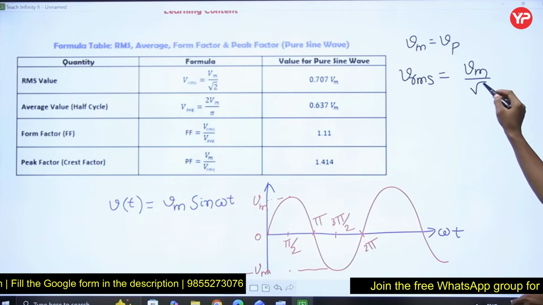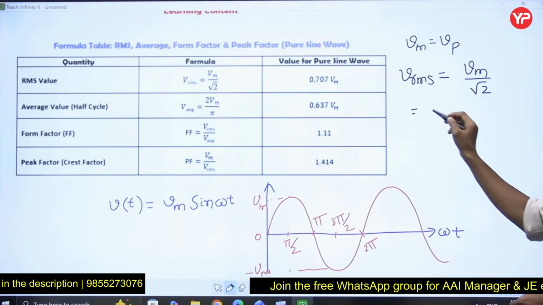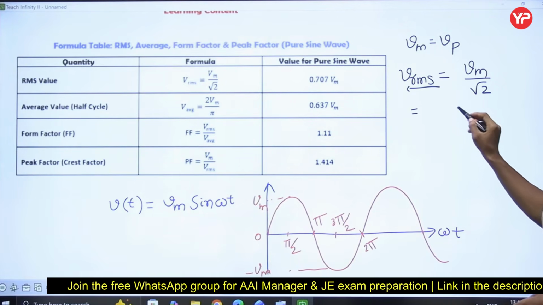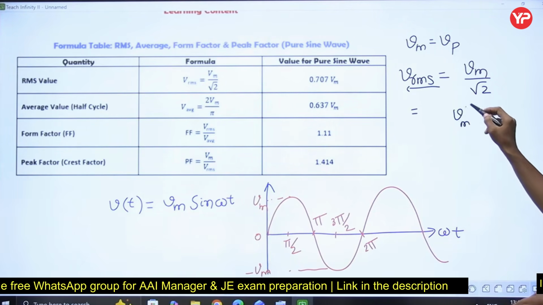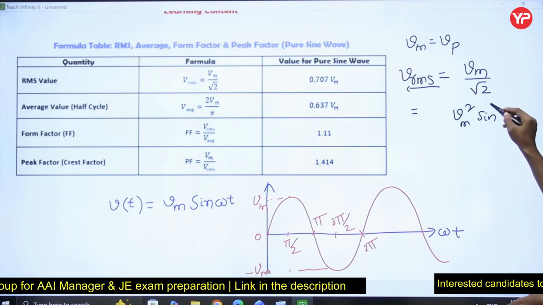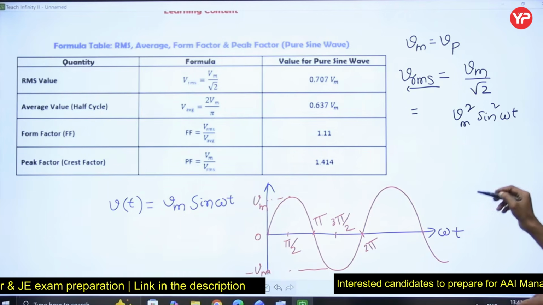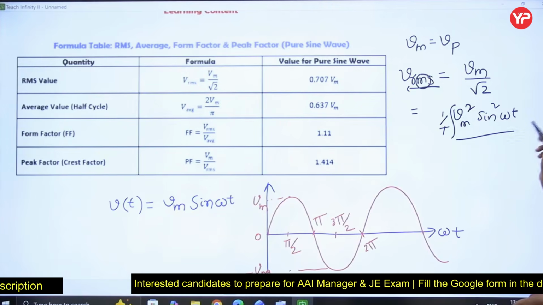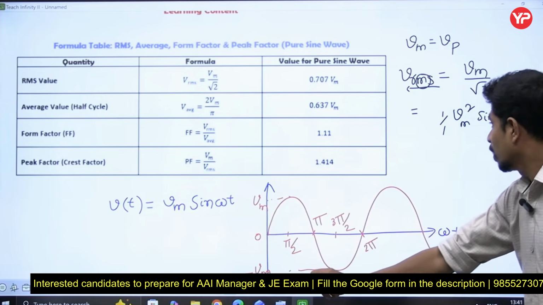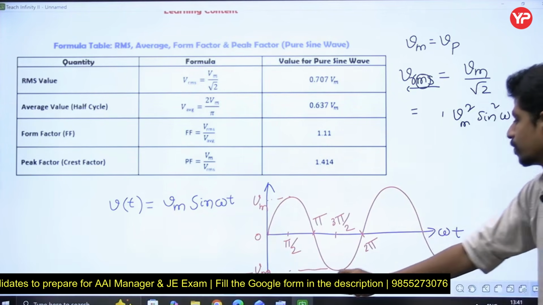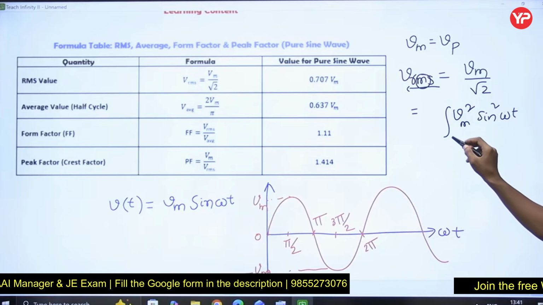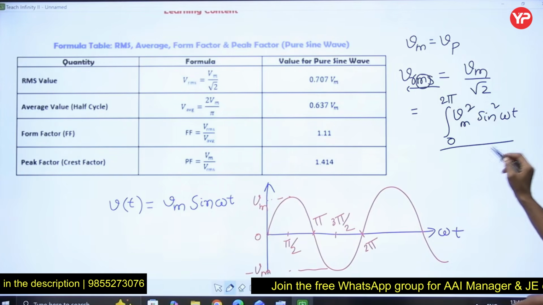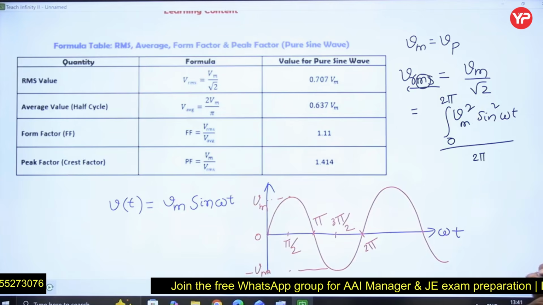Yes, that can be proved this way. What is the VRMS formula? Read it in the reverse way: square it, mean it, root it. Square it: Vm square sine square omega t, right? Then you mean it. Mean means average. Average means area by time, right? What is the area? Area formula is integration from 0 to 2 pi, divided by the time, which is total 2 pi, right?